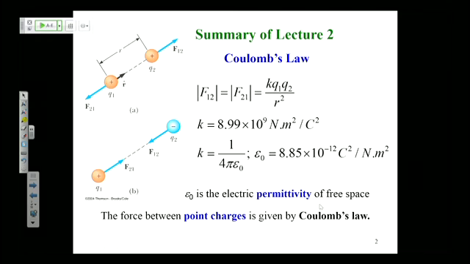Then we learned how to use friction or induction or conduction to charge objects. We learned also that two important properties associated with charge are: first, charge is conserved, so you cannot create it from nothing.